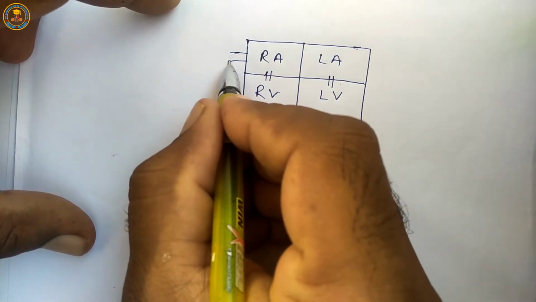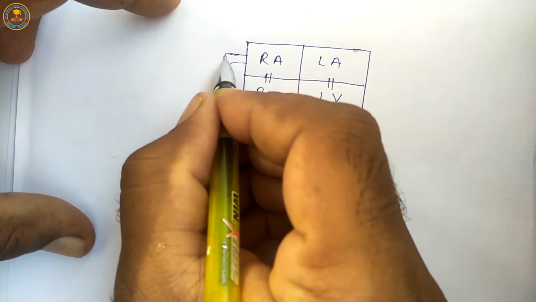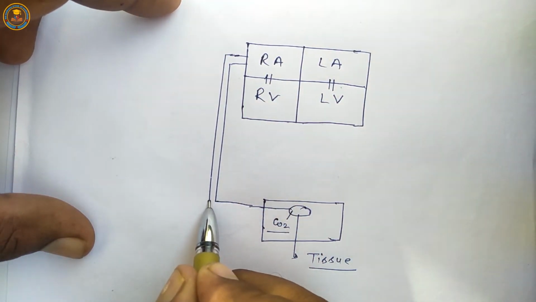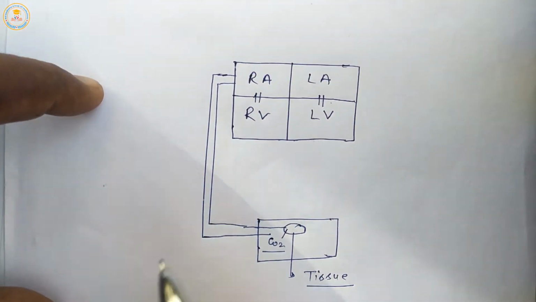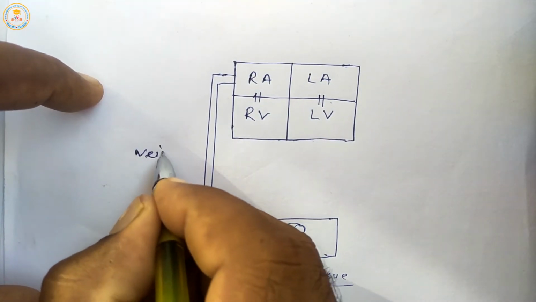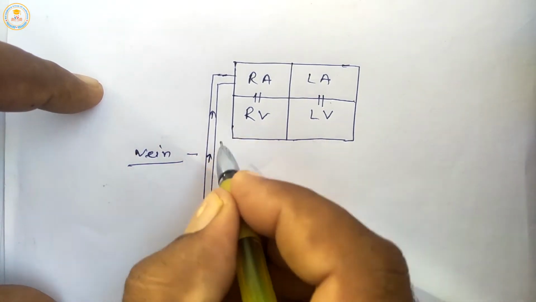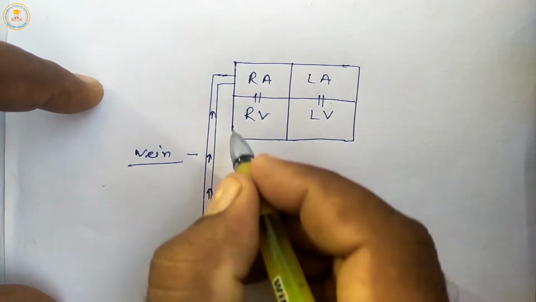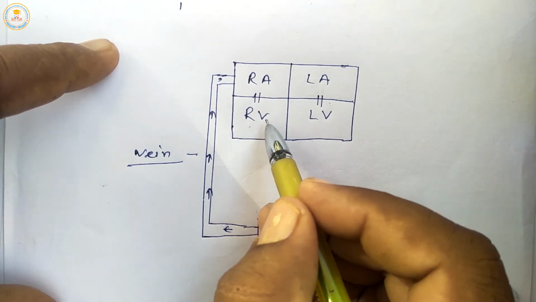This CO2 is carried by specific veins, and this is the direction of blood. Next, impure blood enters the right ventricle through the tricuspid valve.